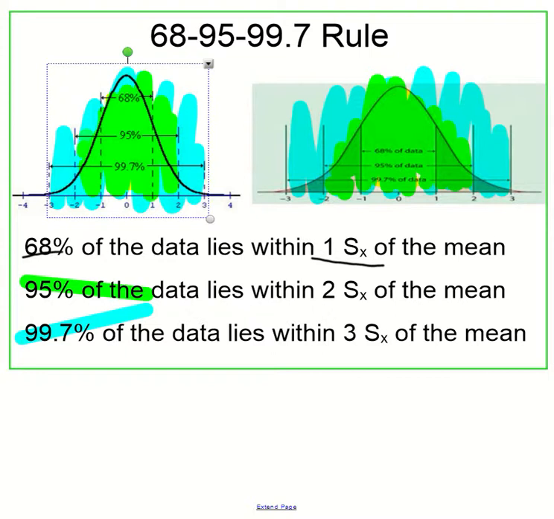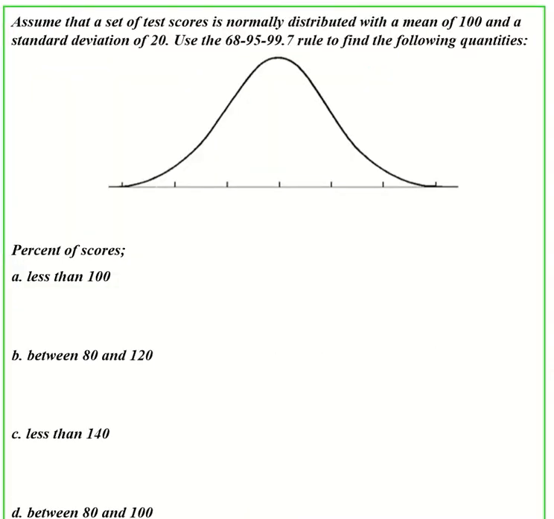And so with that, we can start to make some predictions and we can start to see some relationships in data. So here I have a set of data. It's normally distributed with a mean of 100 and a standard deviation of 20. So what we're going to do first is make our normal density curve. So our mean is 100, right here in the middle.